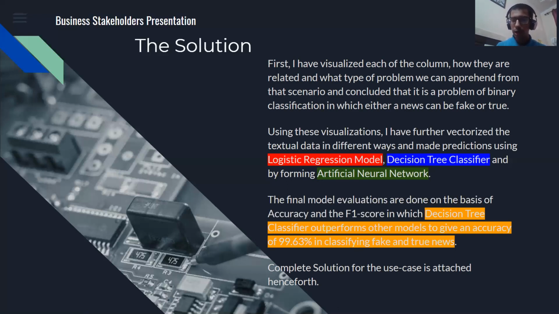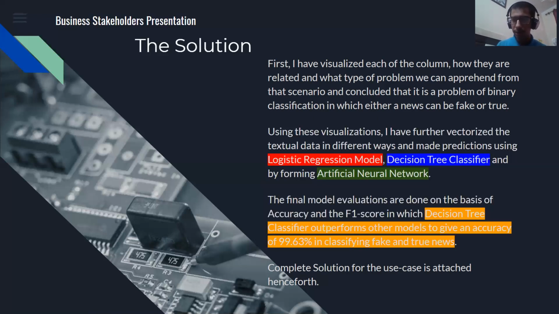Using these visualizations, I have further vectorized the text, and before vectorizing, I have cleaned all of the textual data that was there, and thereafter vectorized the textual data in different ways, so that before feeding to the model, we have something called dimensions in our case.